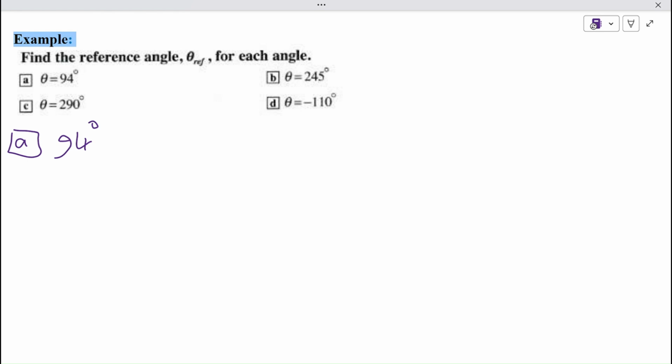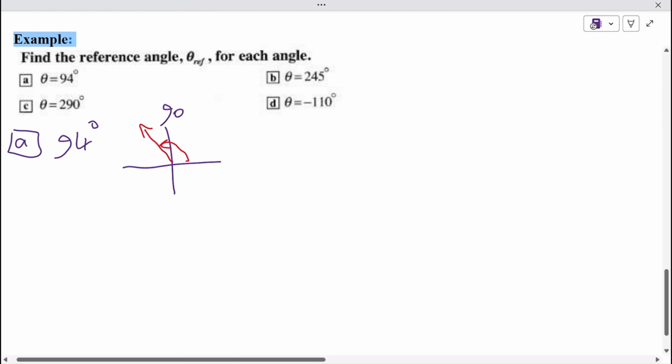This is 90, so 94 is here. This is positive, counterclockwise. So where is the reference angle? This is the reference angle.